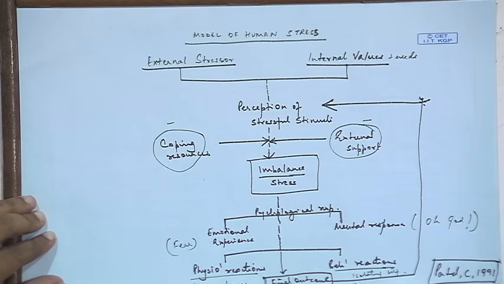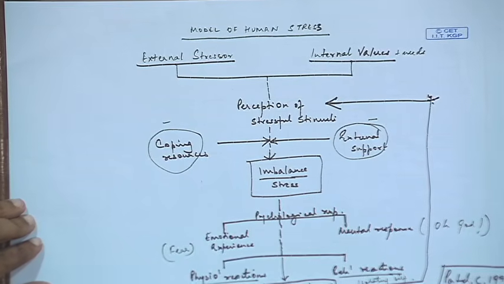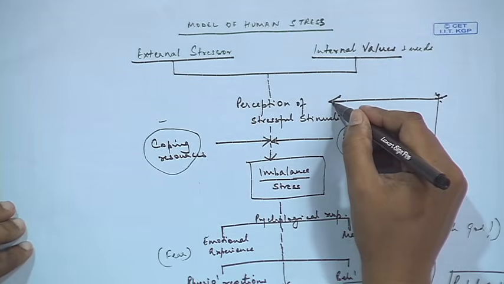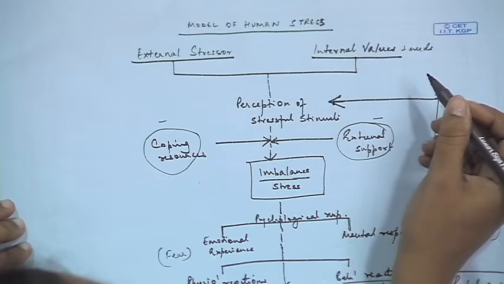That is the final outcome. Now, how I have responded at this time will also give a feedback to my response next time to the same stimulus or a similar stimulus.